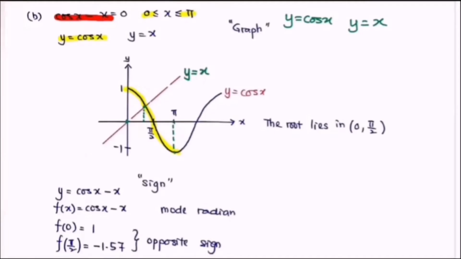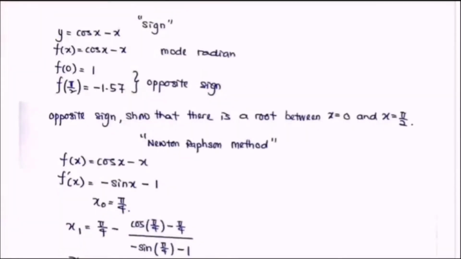Next, we are going to discuss the second method, searching for sign change. So previously, we already have the function where we have cos x minus x equals to 0. And we can transform them become fx is equals to cos x minus x. So here we have the situation.